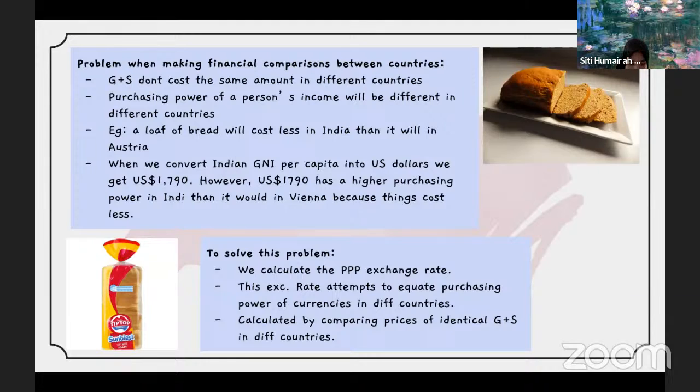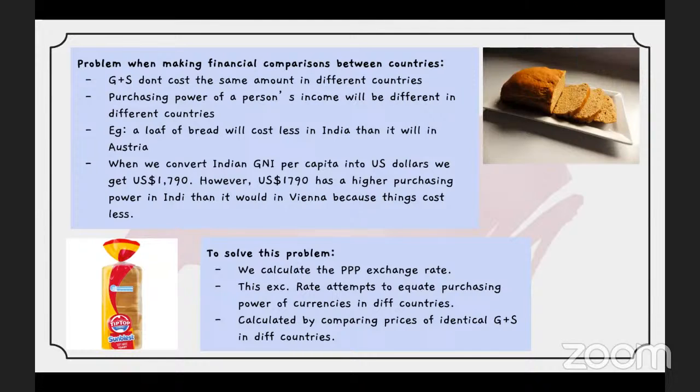This is to get a more valid figure for making judgments about the ability of people to meet their basic needs. The exchange rate attempts to equate the purchasing power of currencies in different countries, and it is calculated by comparing prices of identical goods and services in different countries. So far, do you understand? Okay, move on.